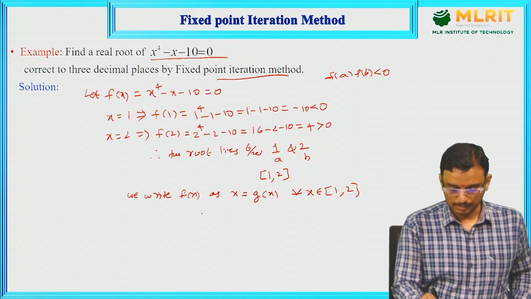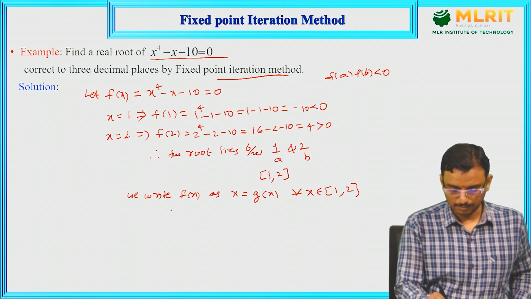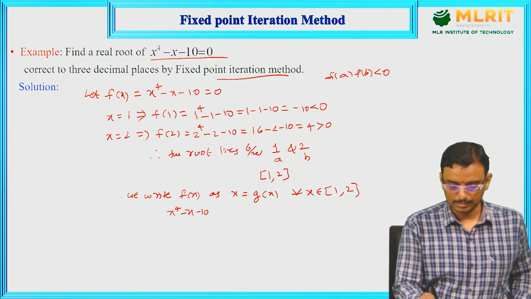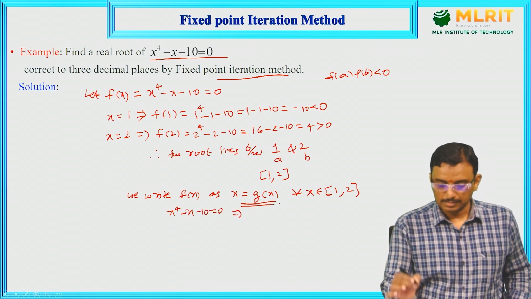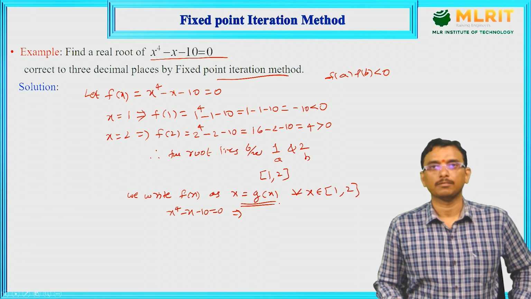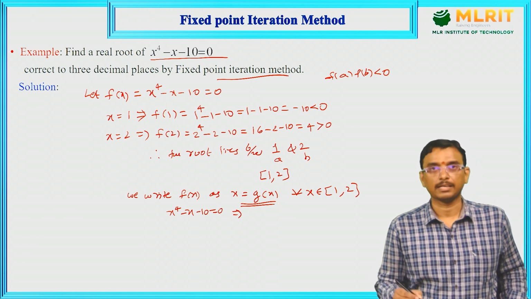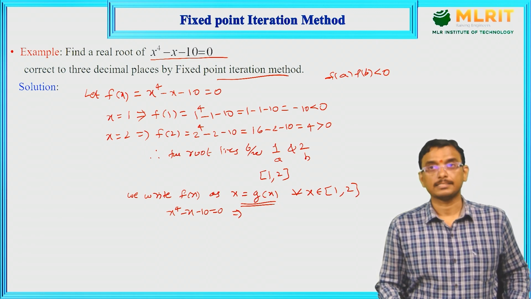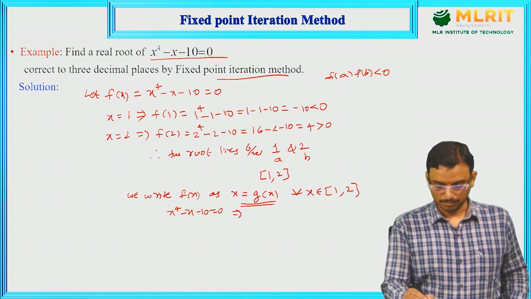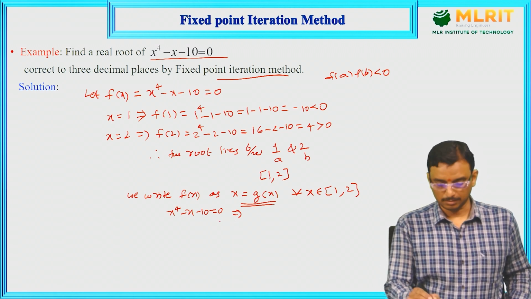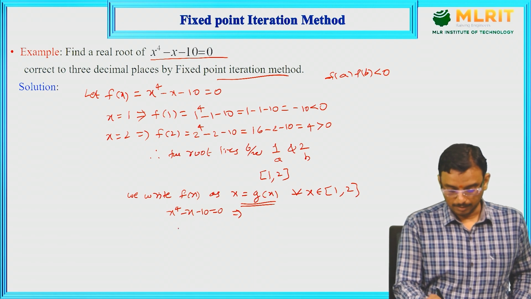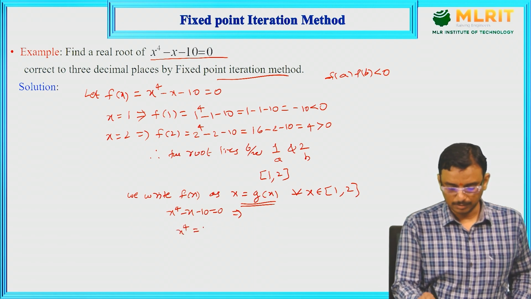The given equation is x power 4 minus x minus 10 is equal to 0. How to write this as x is equal to g of x? There are many ways. One is x to the power 4 minus x minus 10 is equal to 0, so I am taking x to the power 4 is equal to x plus 10.